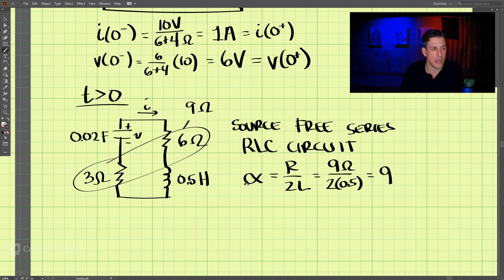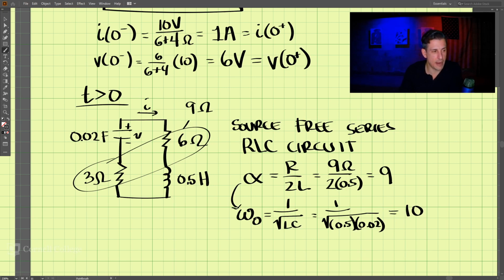And then we also need the resonant frequency, omega naught, which is equal to 1 divided by the square root of L times C. That is equal to 1 divided by the square root of 0.5 times 0.02, and that value comes out to be 10.